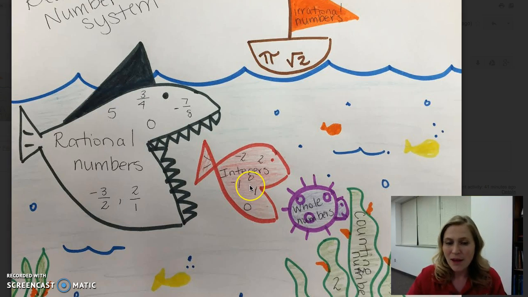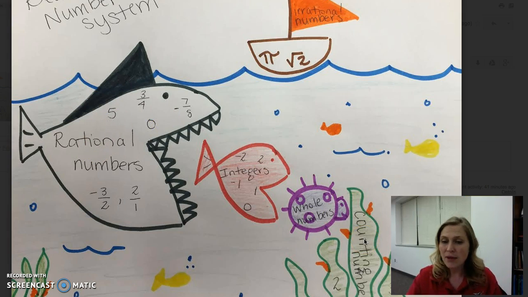And then those houses were all within a city on a map, and the city was your rational numbers, maybe with some streams and some maybe hills, a park, something like that. And those would have all of your fractions, your terminating decimals, and your repeating decimals, also all of the negatives. Those are all rational numbers.